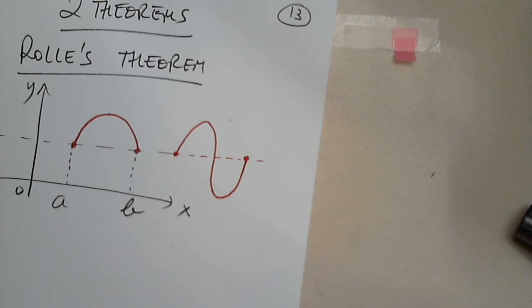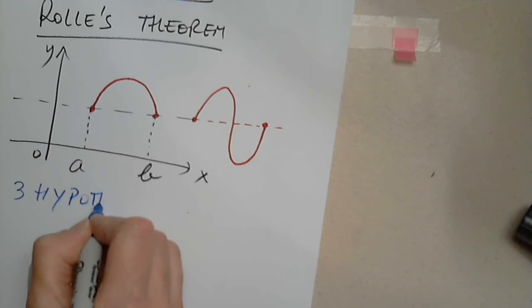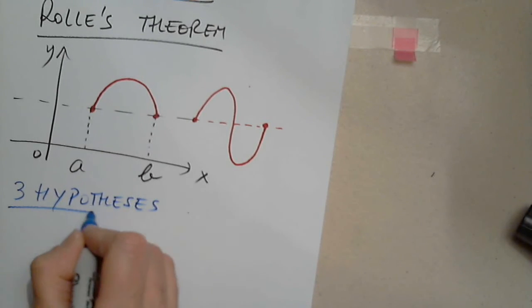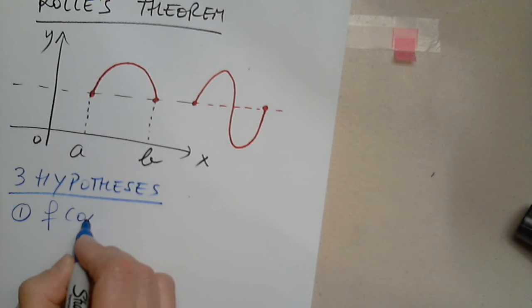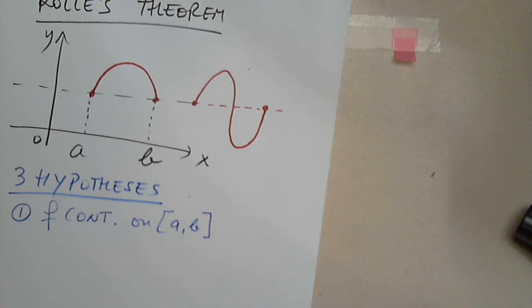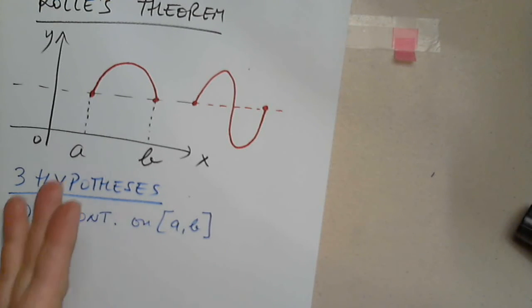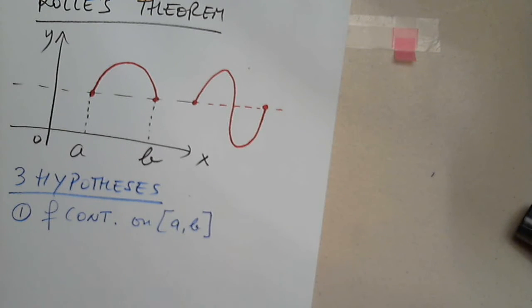It doesn't matter regardless. There are three hypotheses of this theorem. Number 1, f continuous on [a, b]. Would you agree? No matter whether it's this situation or that situation, or as many turns in there as you want, it's still continuous.